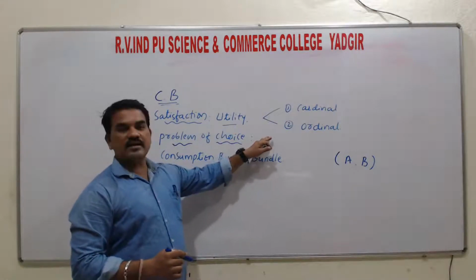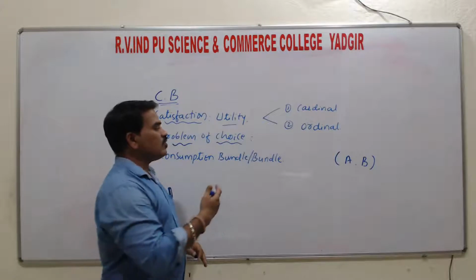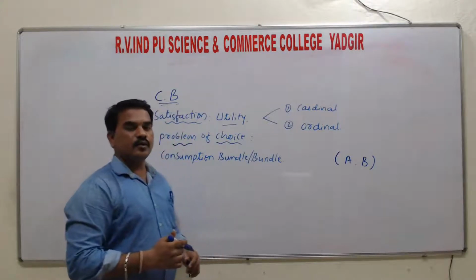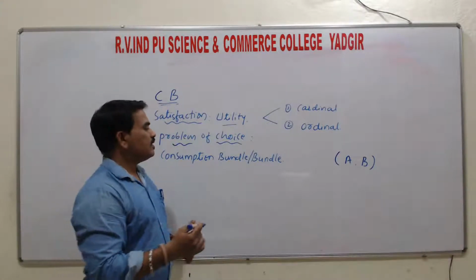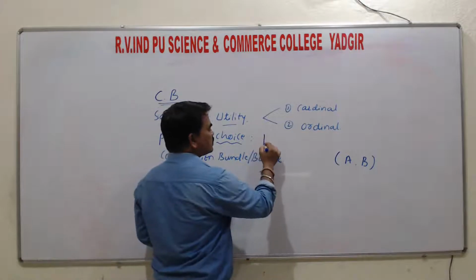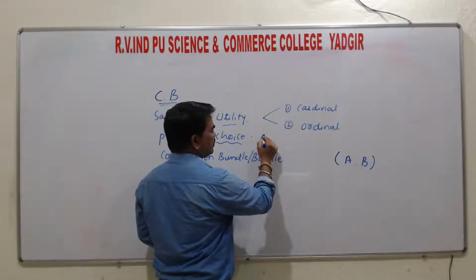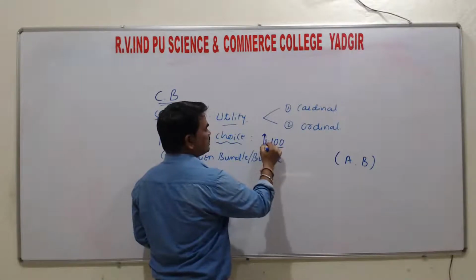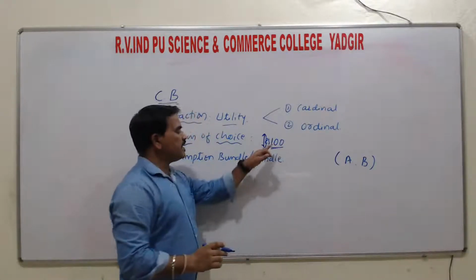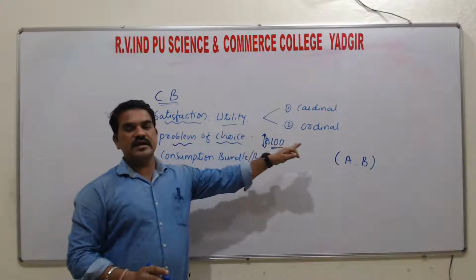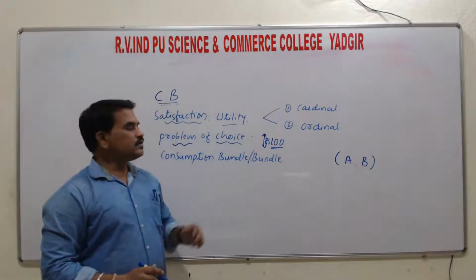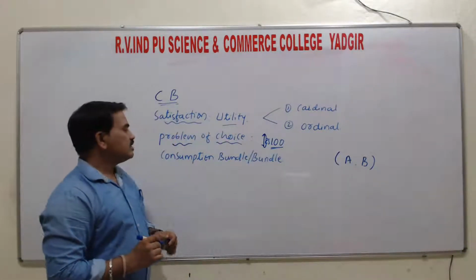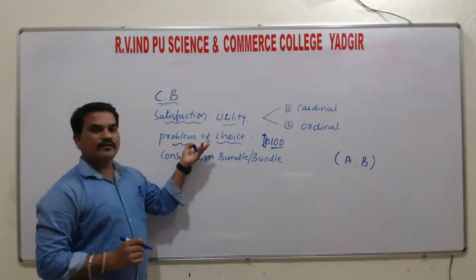If the resources are unlimited, then he can go for any number of goods he wants. But as the resources are very limited, if he has 100 rupees, then with this limited resource only, he has to select between the goods available in the market. That's why we call it the problem of choice.